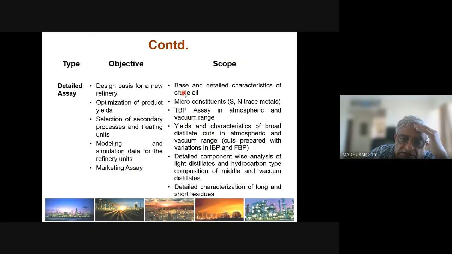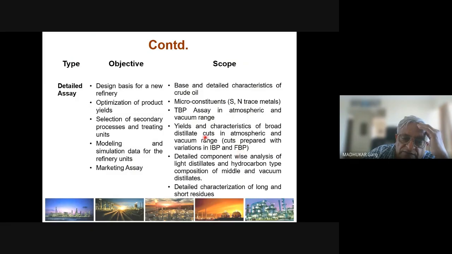What we do here is that we run the complete characteristics of the crude oil, as I mentioned earlier, the micro constituents, etc. But then when we do the TBP, we do a preparative TBP in which we withdraw cuts, both in the atmospheric and the vacuum range.